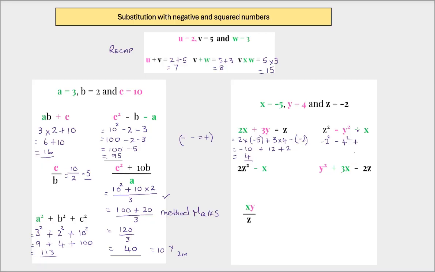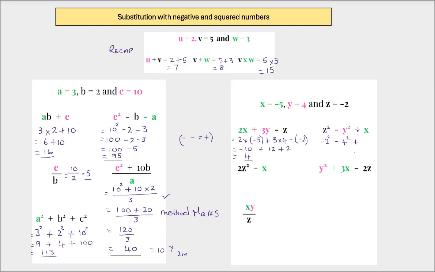Minus 4 squared, which is 16. And then a plus and a minus, if you can remember, is a minus. So I'll just do that there. Plus and a minus equals a minus. So then this will be -5.